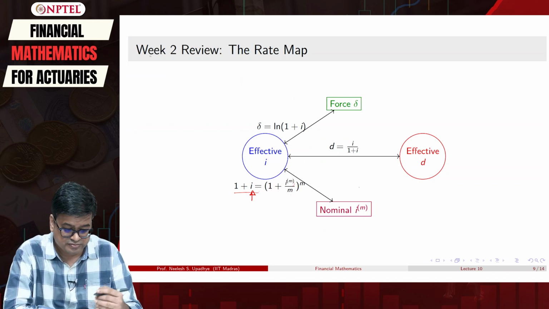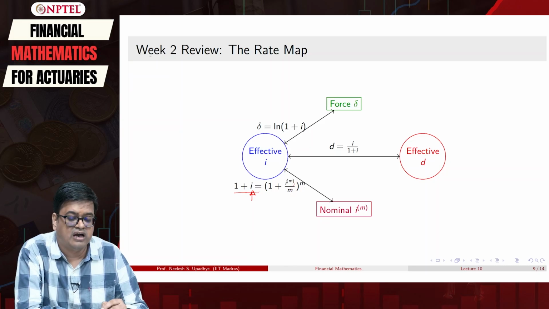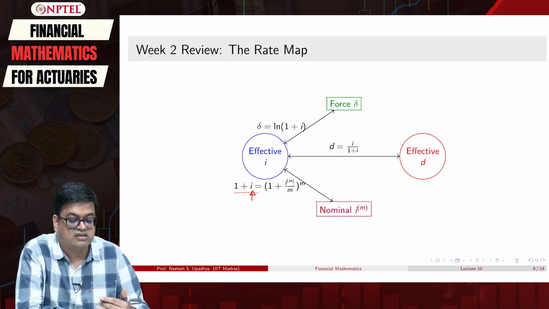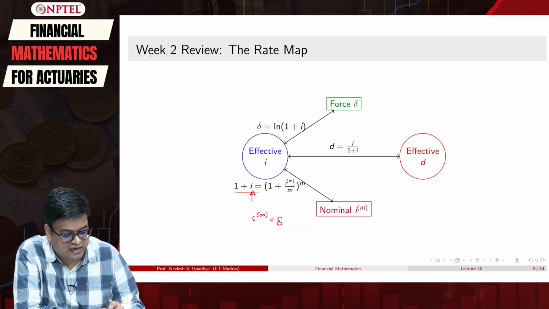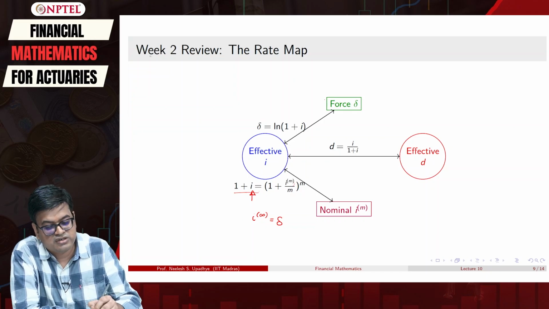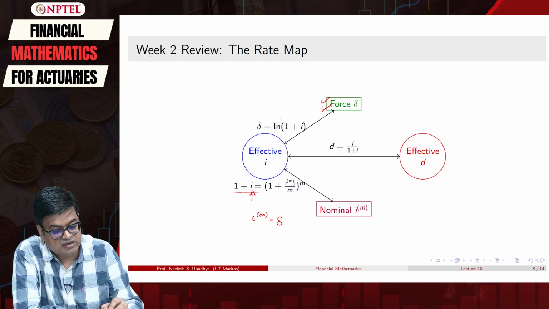Then we went on and asked, what if the compounding frequency becomes infinite? The answer to that came with i infinity, which we denoted as delta, and that introduced the notion of force of interest delta. 1 plus i turned out to be e raised to delta, and therefore delta became ln, and we have delta equal to ln of 1 plus i.